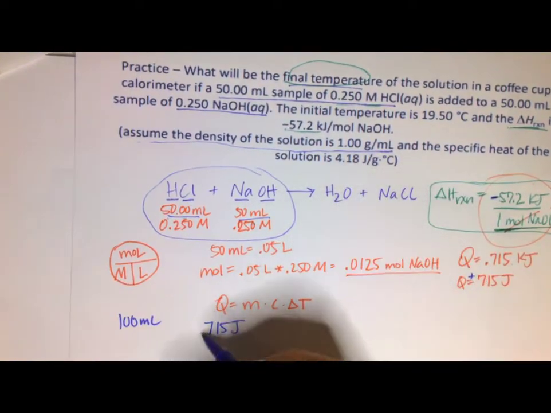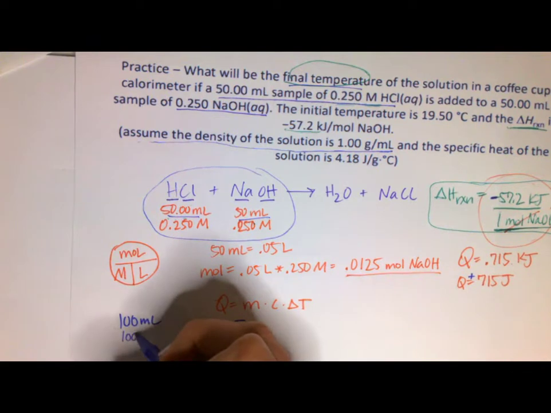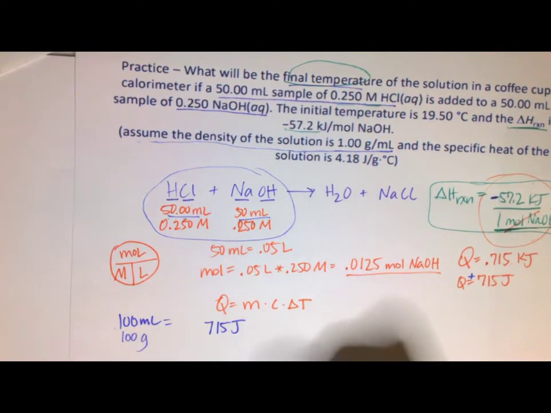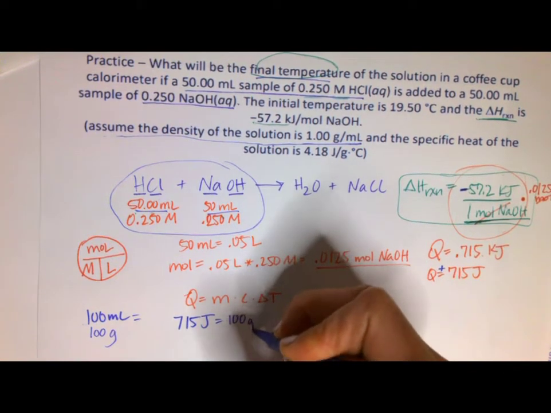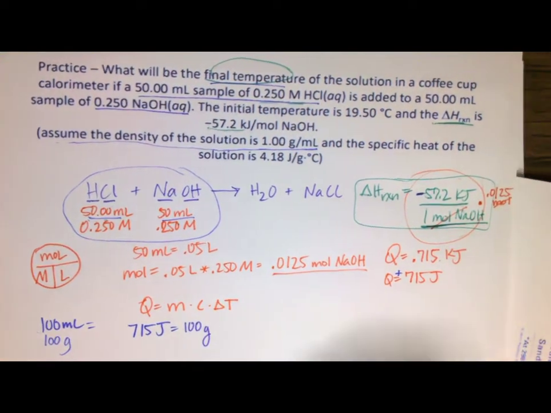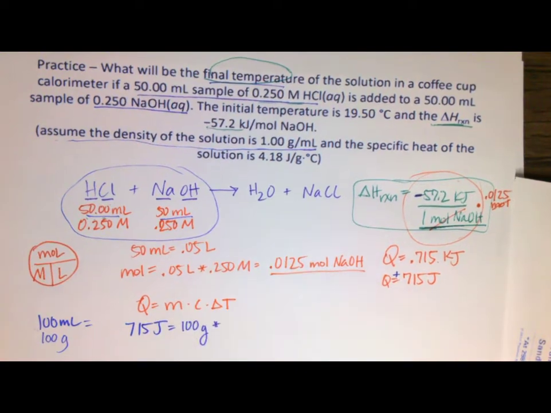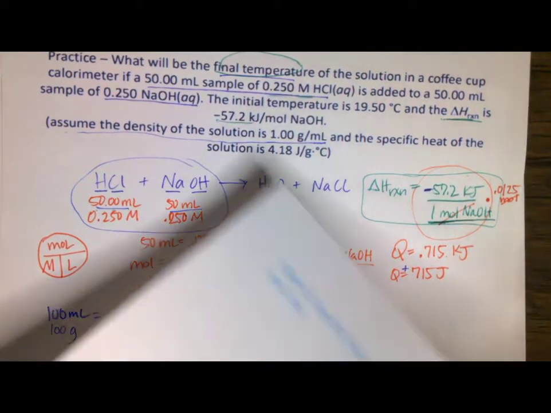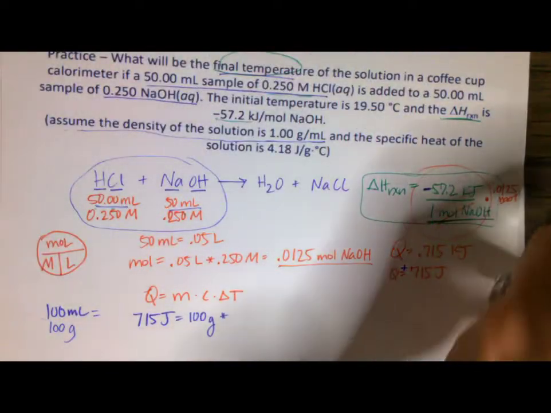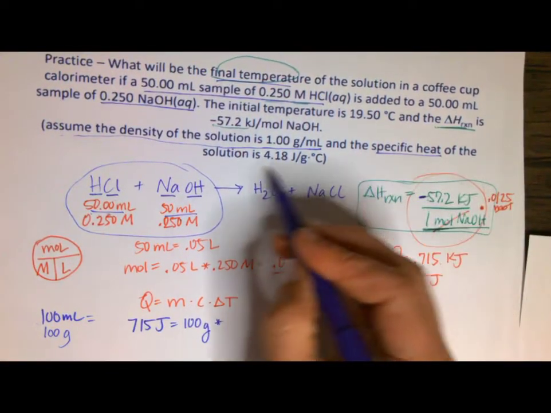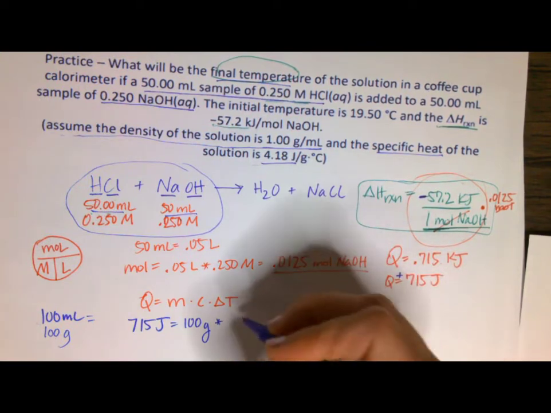So if I have 100 milliliters, I also have 100 grams. So that is what I'm going to use for my mass, 100 grams. And for C, the specific heat, we're going to use the specific heat of water, 4.18. It actually even says the specific heat of the solution is 4.18.